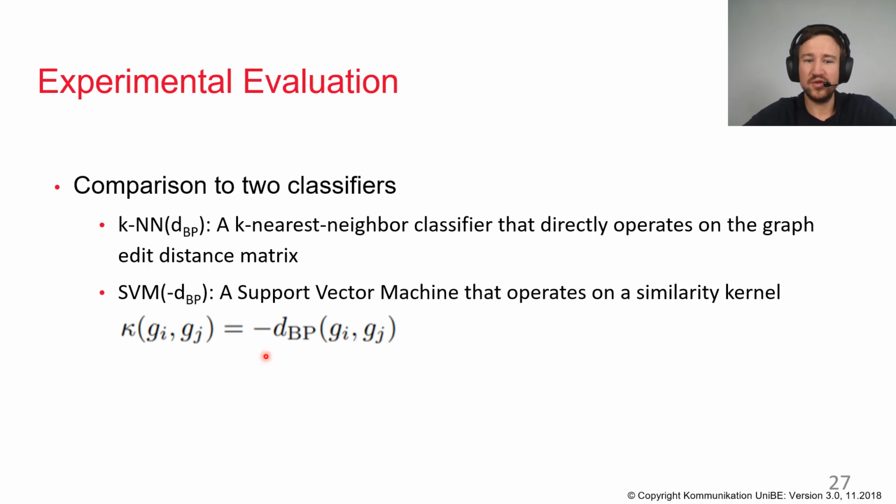So it consists of the negative of the graph edit distance matrix. We decided to compare our approach to these classifiers because our main idea is to improve graph edit distance, and these 2 classifiers are commonly used with a graph edit distance.